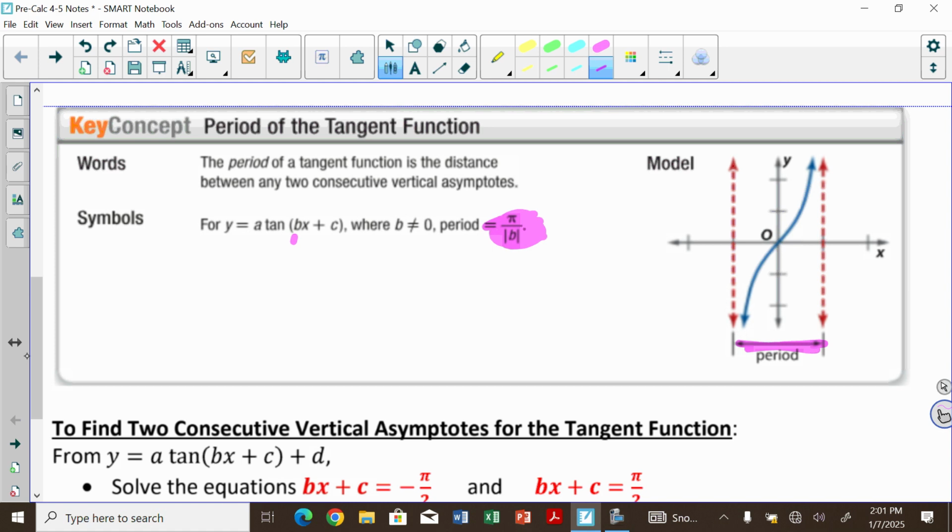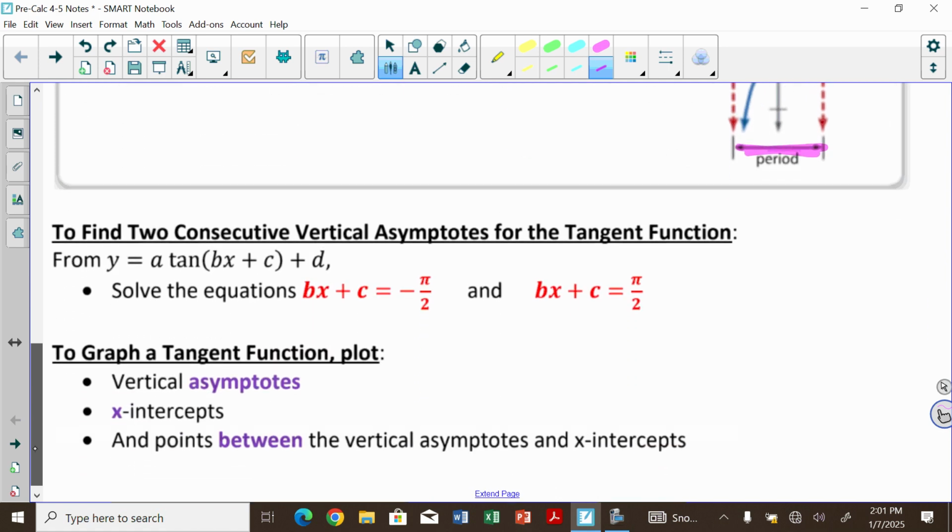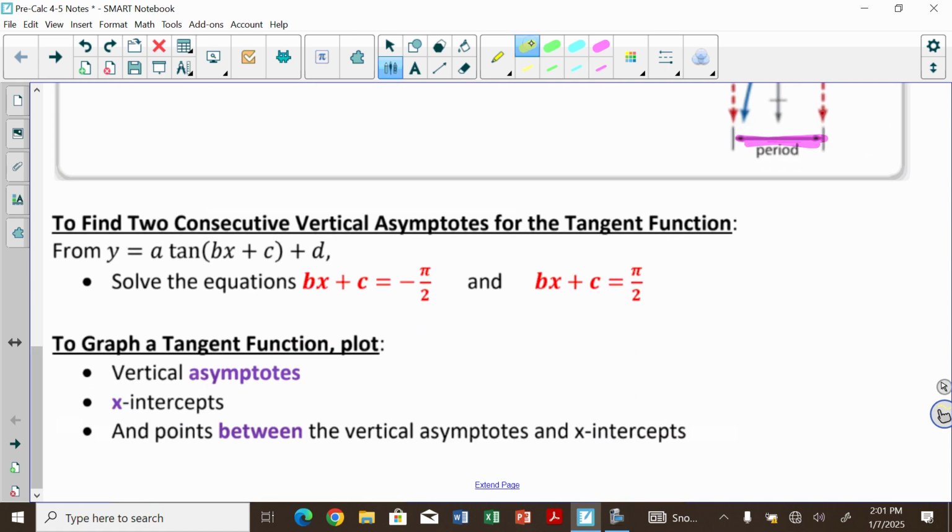So when we graph this, we're going to have to find those consecutive asymptotes. And how do we do that? We do that by solving these equations: bx plus c equals negative pi over 2, and bx plus c equals pi over 2. Let's solve those equations. Remember, you've got your b and your c right there that you would have to find from the tangent function.